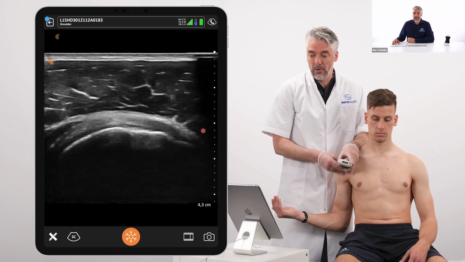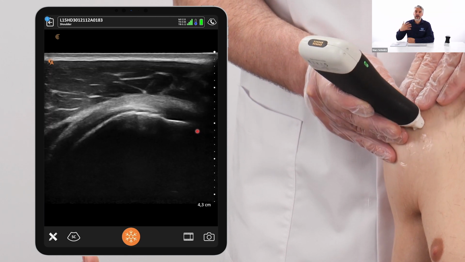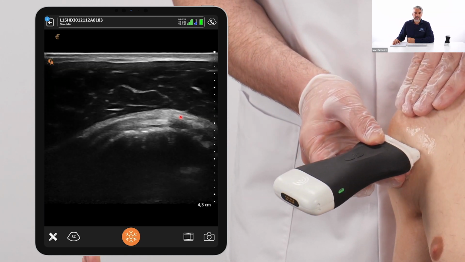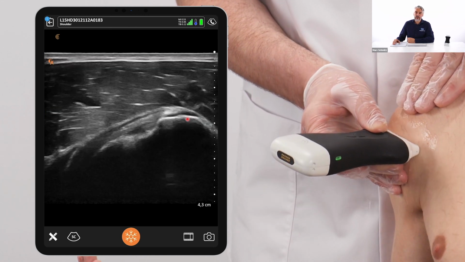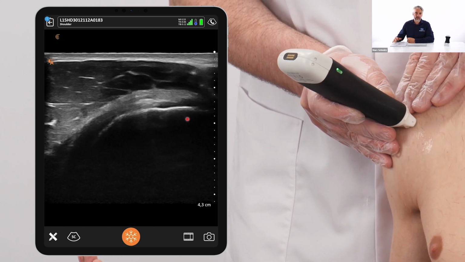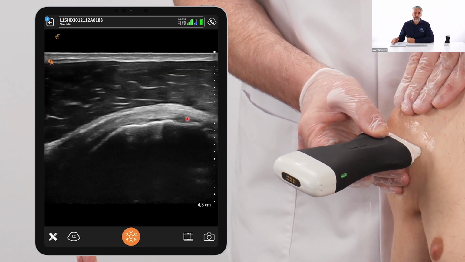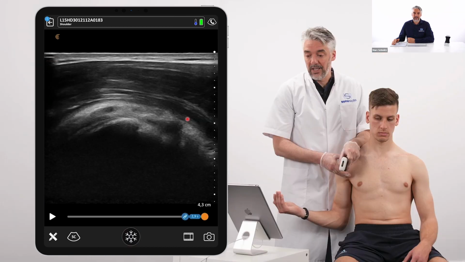Now we're going to make an external rotation and leave it there. And now the subscapularis unfolds, and we're going to check the tendon and the insertion of the tendon to the lesser tubercle. And as you can see on the transducer, I'm following the tendon of the subscap over a whole stretch. Don't forget that many people stay too often proximally, and you need to also look at the distal parts of the tendon.